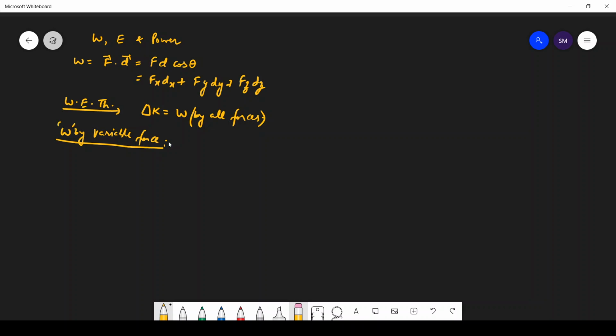So work done by variable force can be written as, if it's in the x direction, from xi to xf, this is the displacement, and force is continuously changing. So force is a function of x. Here the force was constant, so this formula is for the constant force, and this formula is for the variable force.